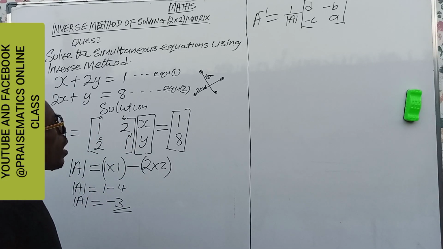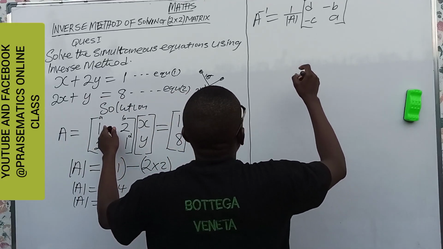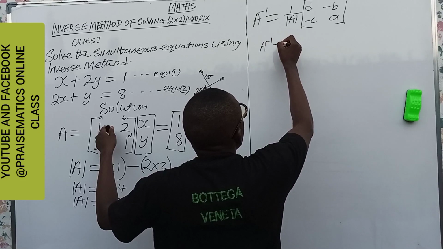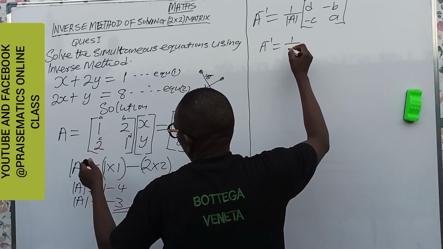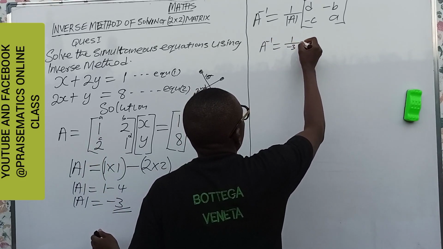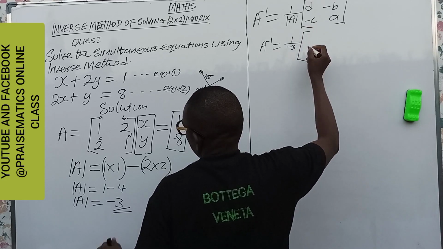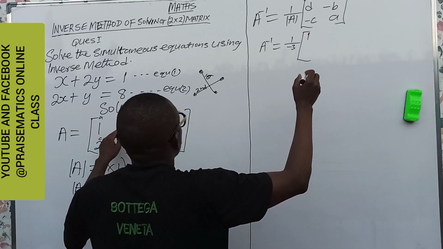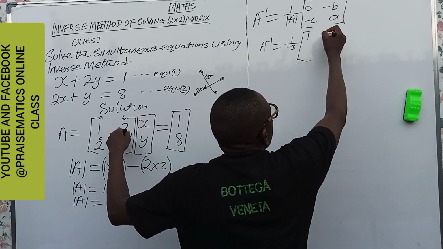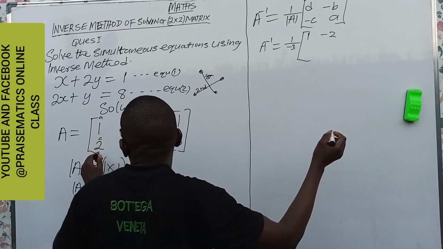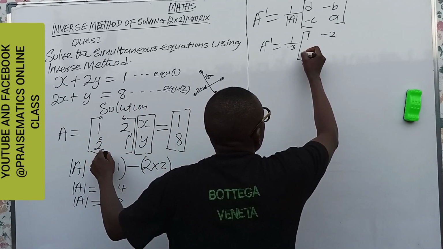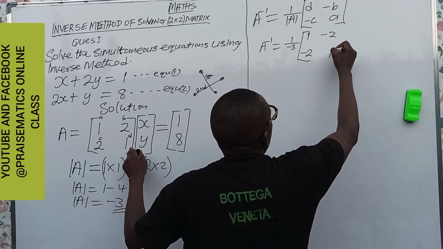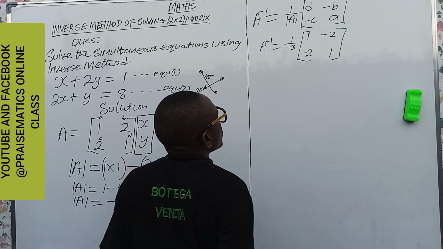Position them. So from this place, A inverse is equal to 1 over, what is our determinant? 1 over minus 3 into our d. What is d? d is 1. Our b is 2, and it has minus here, which is minus 2. Our c is 2, and it has a coefficient of minus 2. And a is 1. Use it.